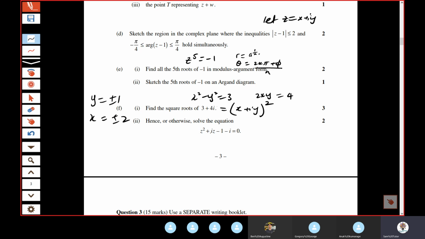I can tell you straight away that is correct, because obviously you can sub it in. 2 squared is 4, 4 take away 1 is 3, 2 times 2 is 4, times 1 is 4. And vice versa. Good job.